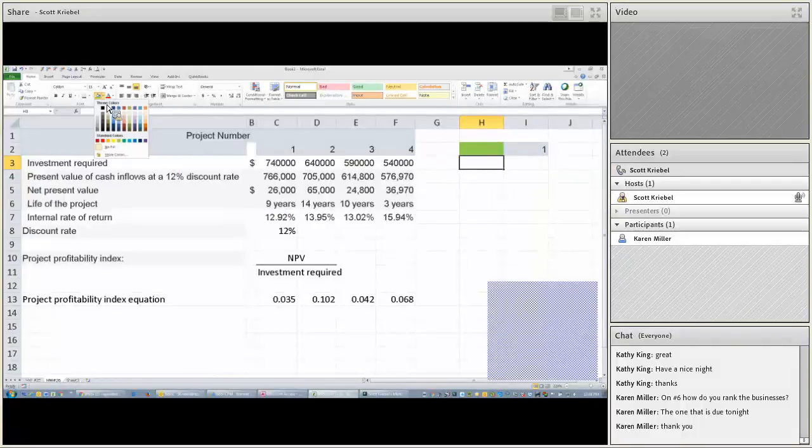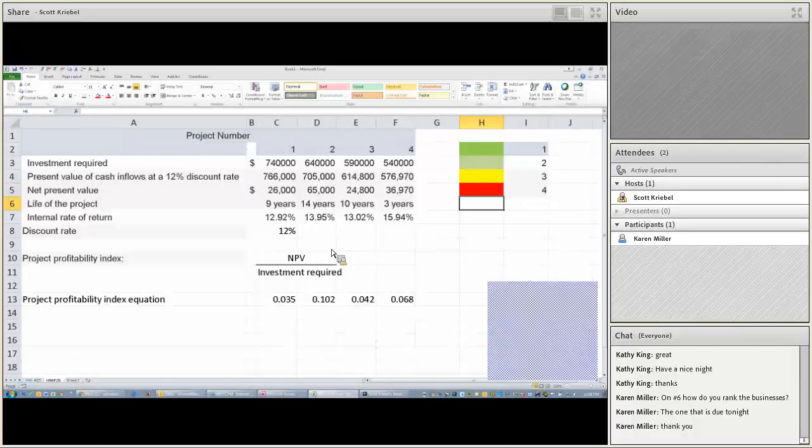The second ranking we're going to say is also green, but just a different color green, right? And then because it's a project that you most likely would pursue, but possibly not, 3 would be a yellow, and then we'll say that 4 is a red. Okay, so that way you guys can see how we should rank these.